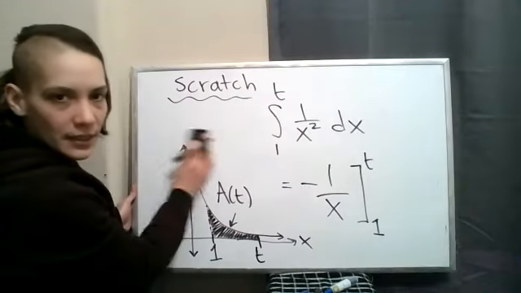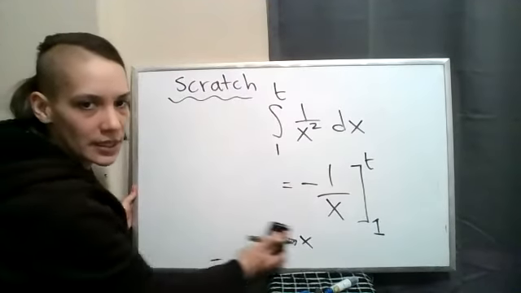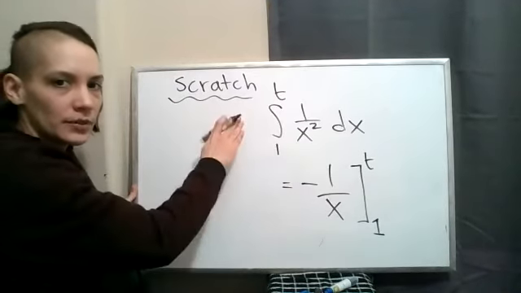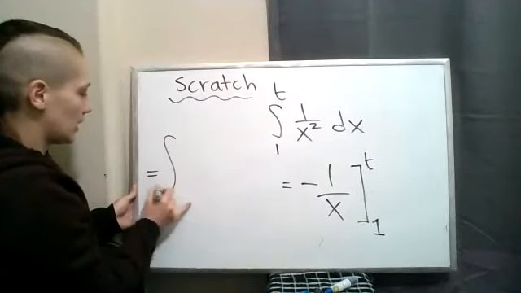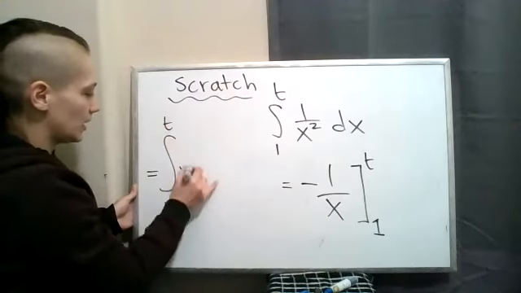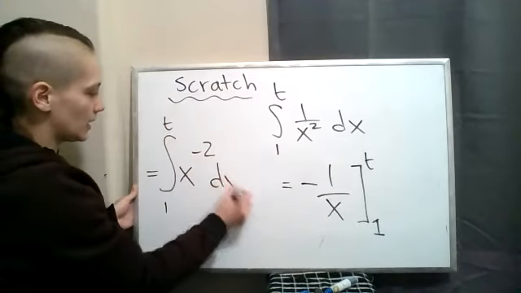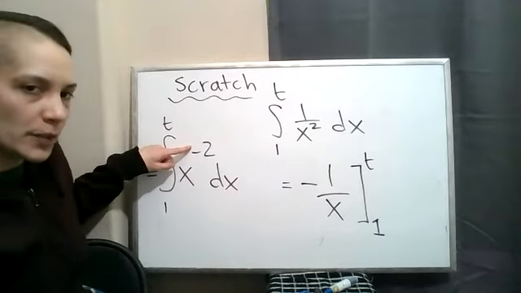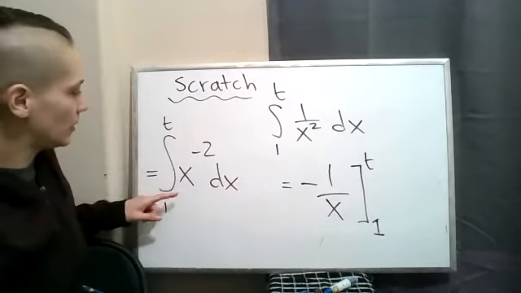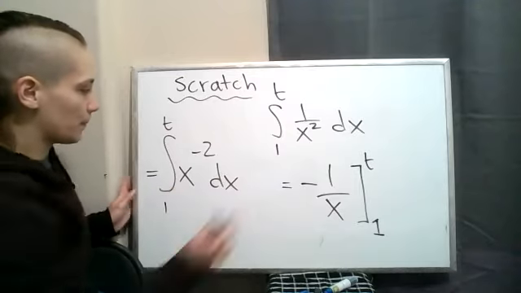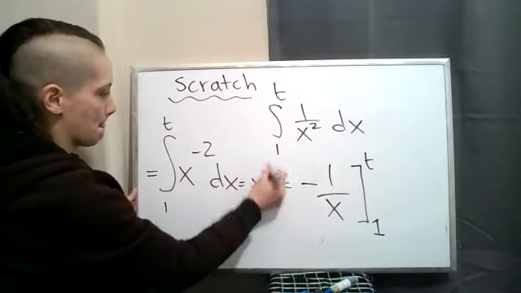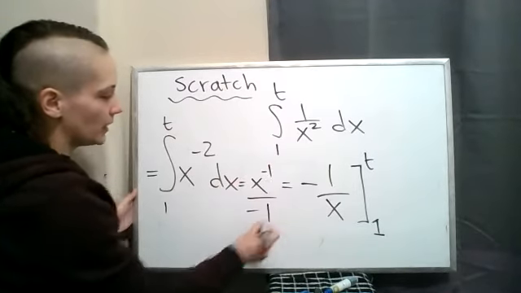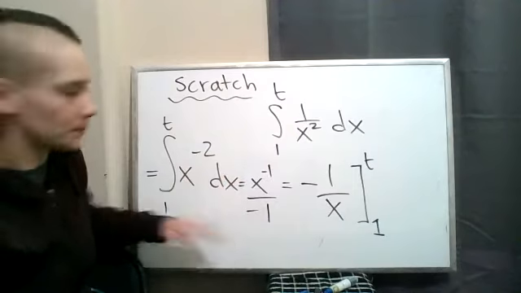So you'd have x with negative 2 as your power, add 1 to the power, and divide by negative 1, and then evaluate.